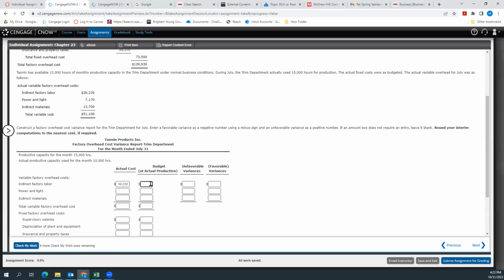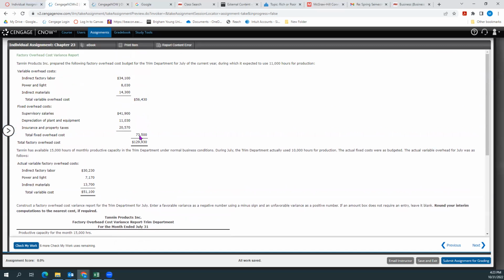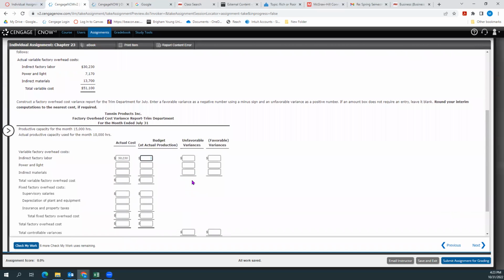And then our budget at actual production, we're going to have to calculate. We're not just going to use the budget, because if we look up here, you can see we budgeted 34,100. But we're not just going to put that here.